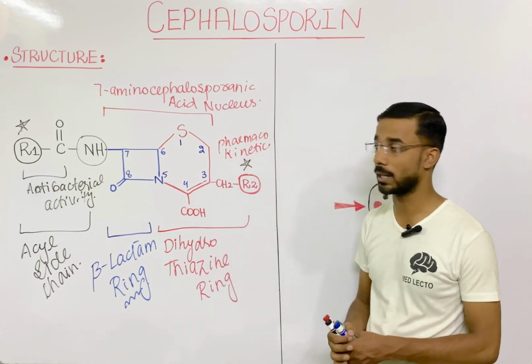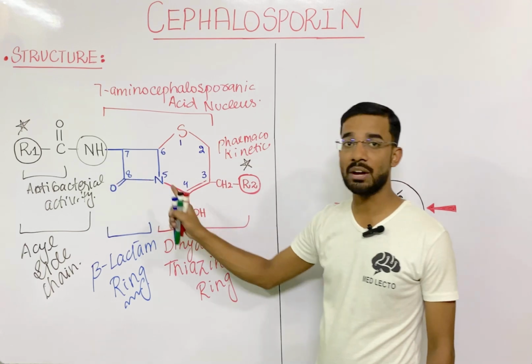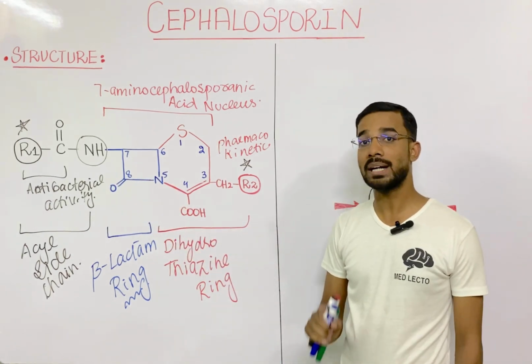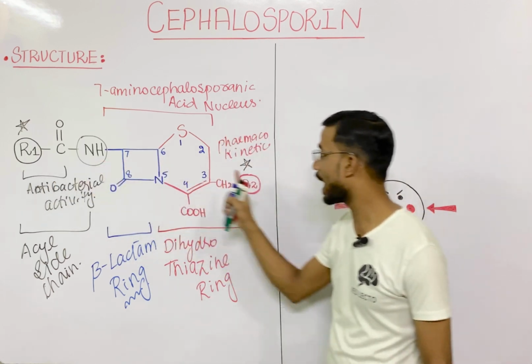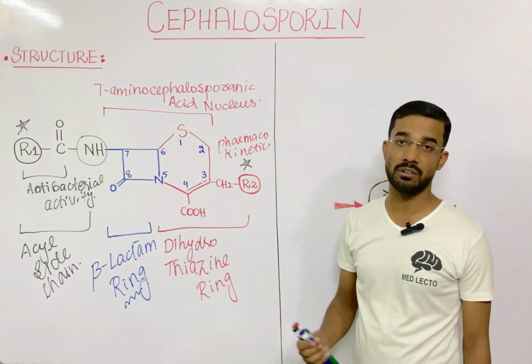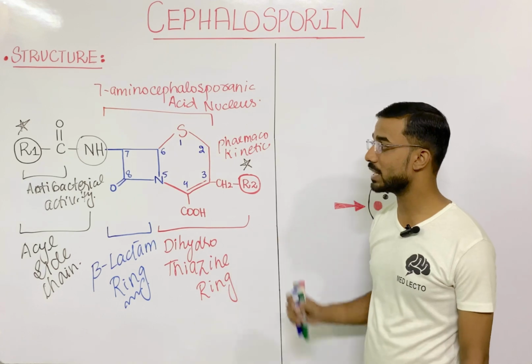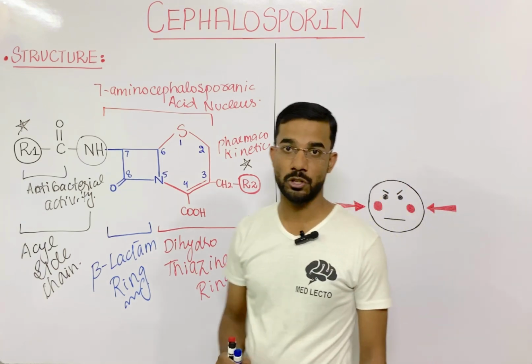All the structure of the cephalosporin will remain the same, but the changes will be seen at the R1 and R2 positions in the different generations of the cephalosporin. So that is the structure of the cephalosporin.